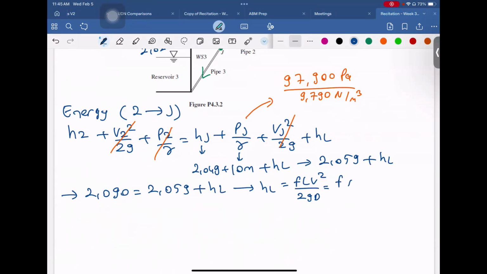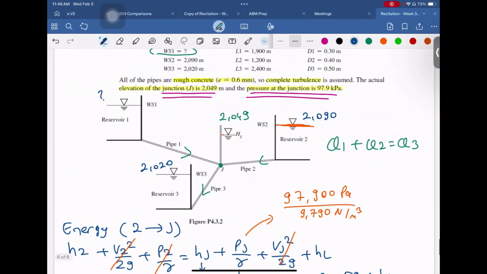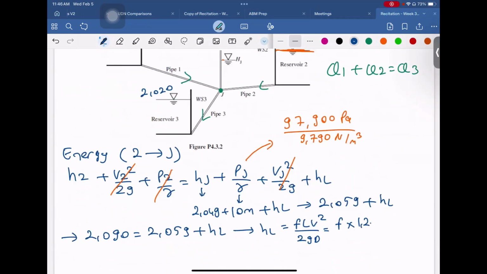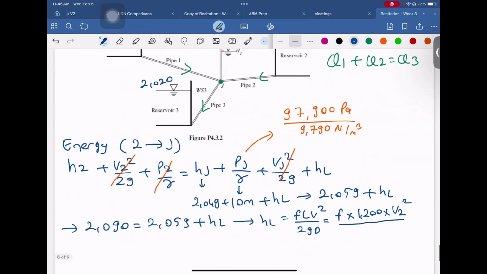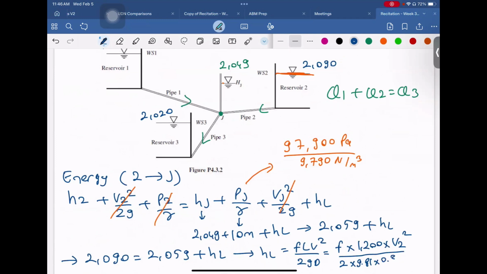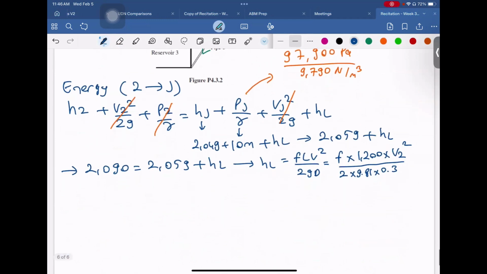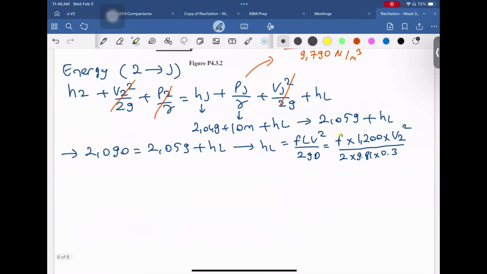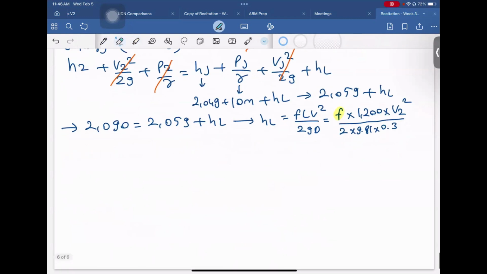And it is f times length of 2 times the velocity squared over 2 times 9.81 times 0.3 meters of diameter. Here again, we don't know the friction factor, so we need to assume a value.